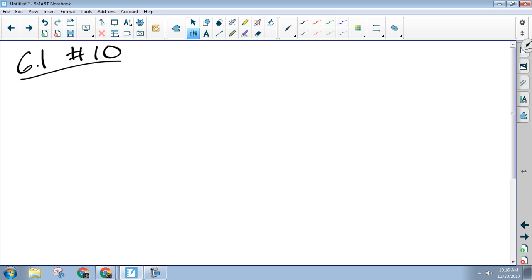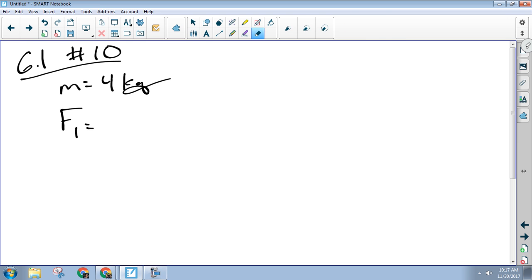Let's see. So two horizontal forces, F1 and F2, act on a 4-kilogram disc. So mass is 4 kilograms. Force F1 acts in the direction of the positive x-axis. So F1 equals, let's just call it F1x i, I guess, right? It has a magnitude of 7 newtons.